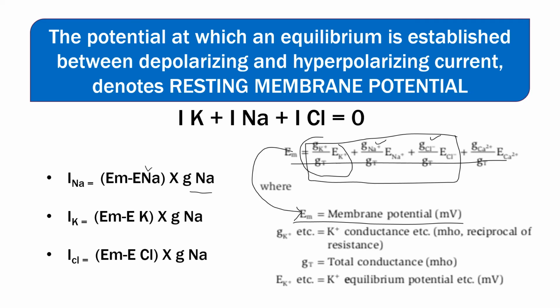If we plot this, at the equilibrium we know there will be no current, all these currents will be equal to 0, their sum will be equal to 0. If we put this value, we will get this equation, the chord conductance equation, from which we will get the value of membrane potential, that we already know. In the neuron it is minus 70 millivolts, in the skeletal muscle it is minus 90, and in a working myocardial cell it is minus 90 millivolts, that we have derived.